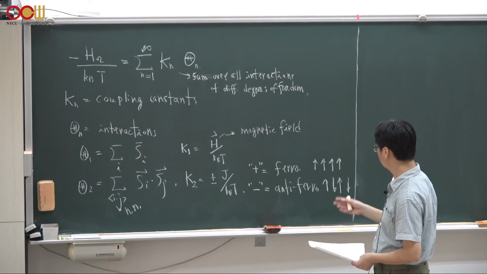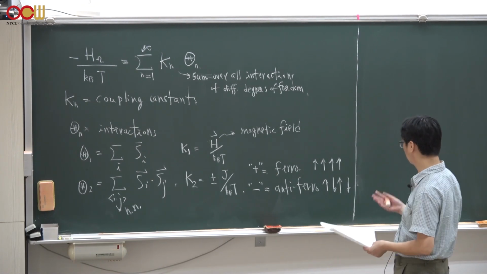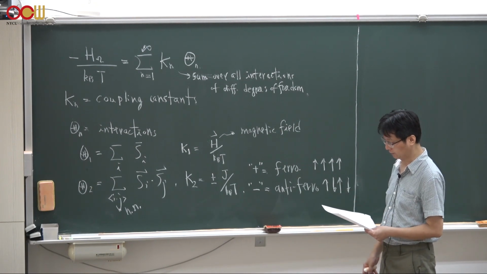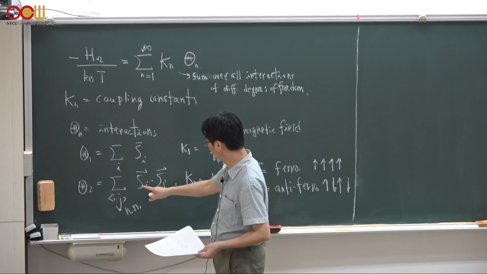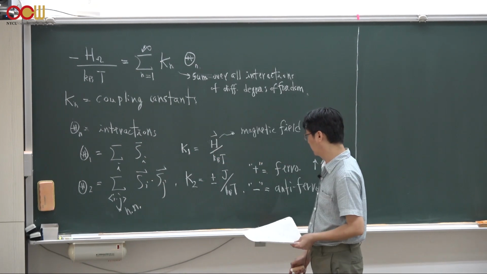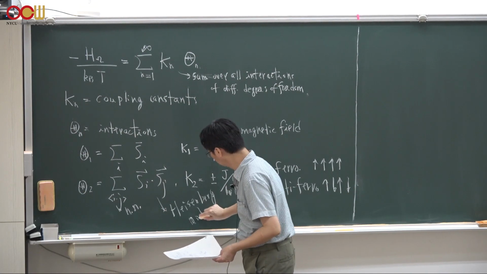It's called the Ising or Heisenberg ferromagnetic or antiferromagnetic term. For the isotropic coupling between the S_i vector and the S_j vector, we call this the Heisenberg model.